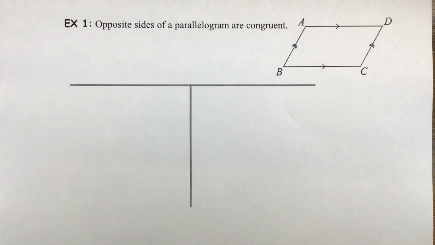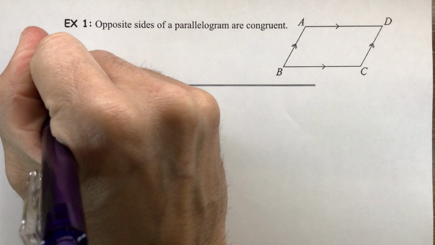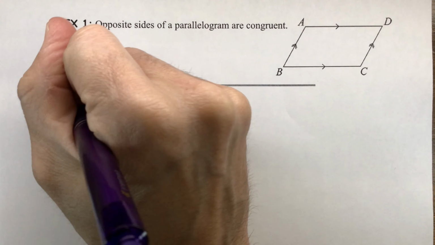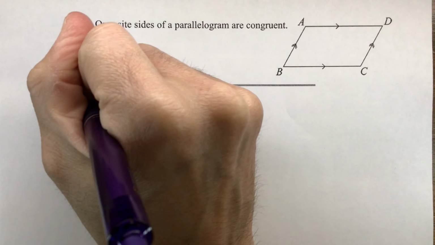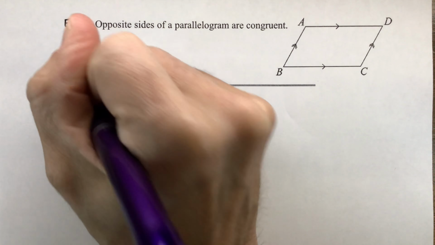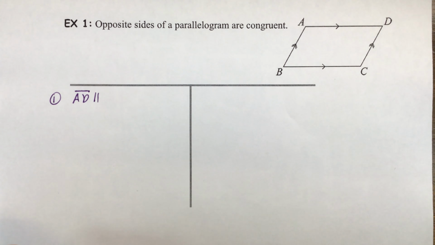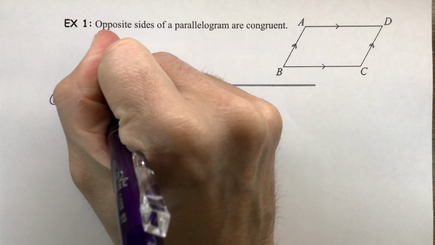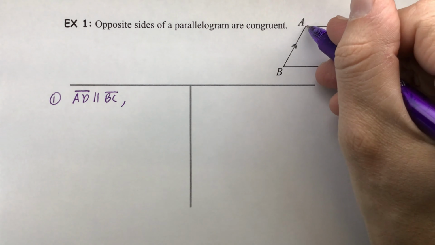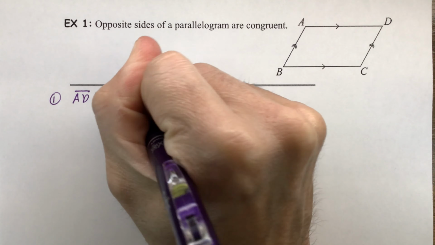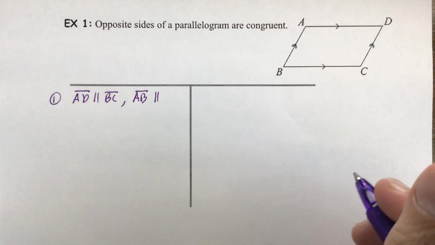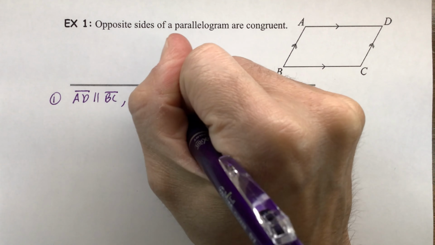All right, to start things off here, we don't really have given information other than the fact that this is a parallelogram. So for step one, I'm going to write down that AD is parallel, that's that top line here, AD is parallel to BC, and I'm also going to write AB is parallel to DC.